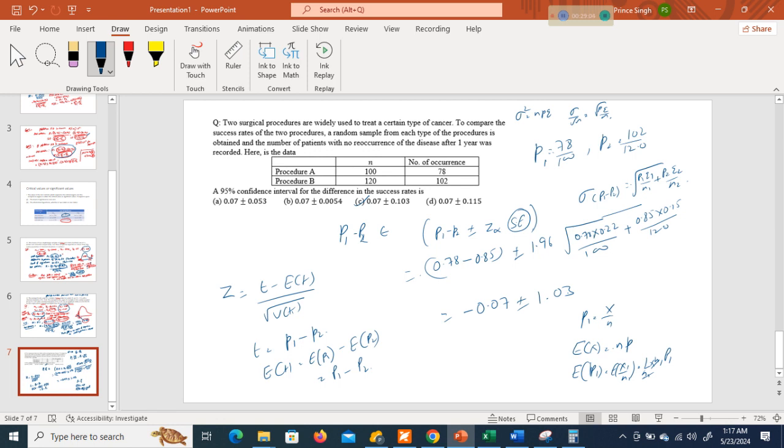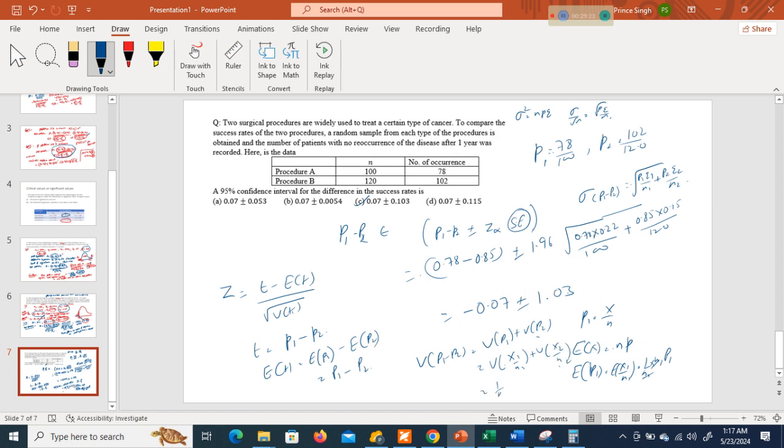Okay, and what about variance? Variance of p1 minus p2 is variance of p1 plus variance of p2, and variance of p1 is variance of x1 upon n1 plus variance of x2 upon n2.